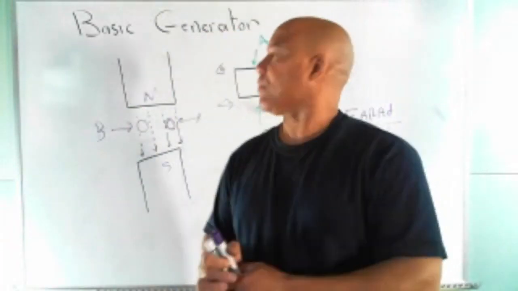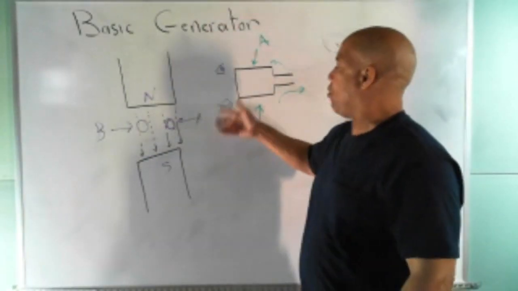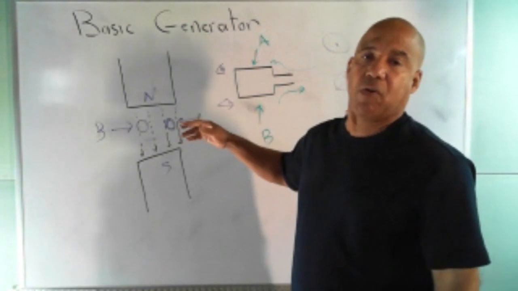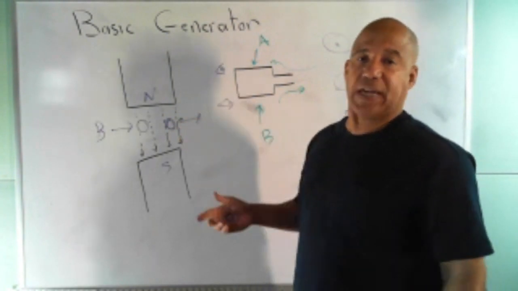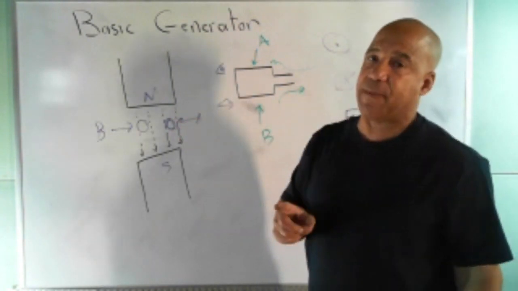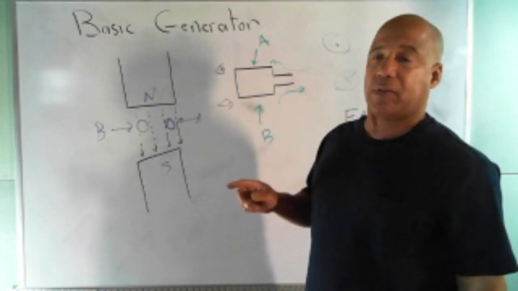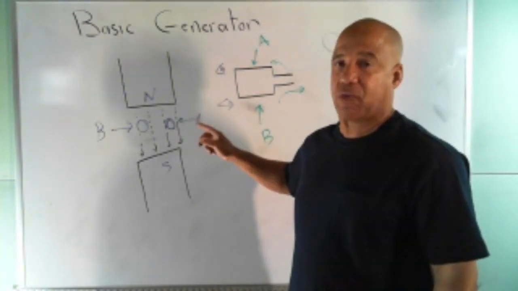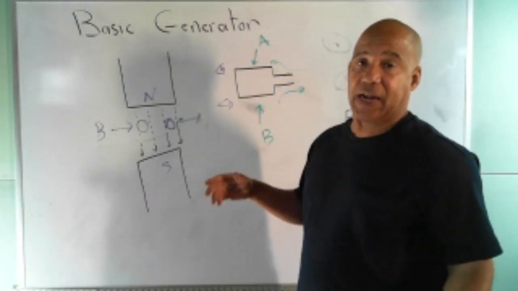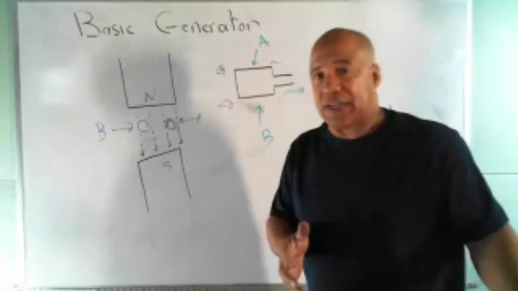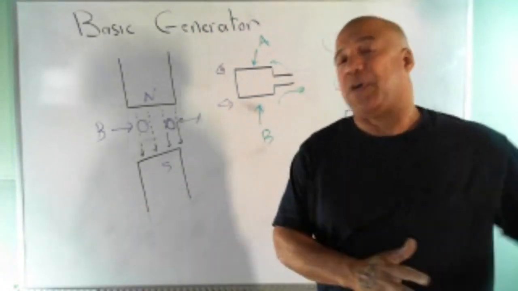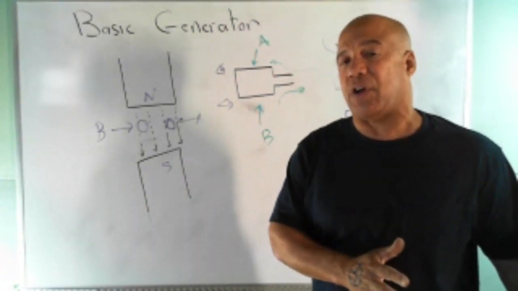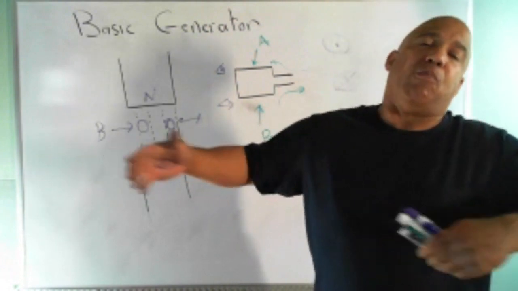In other words, the more flux I cut across, the more voltage I create. That's important, what I just said. The more magnetic flux I cut across, the more voltage I create. The more force I create, the more that force pushes charge, separates the charge, which translates to more voltage.